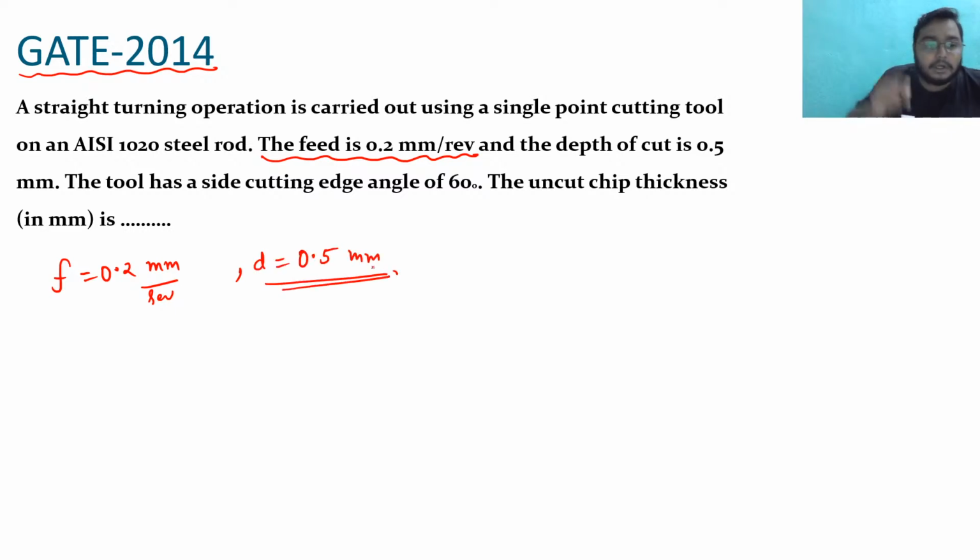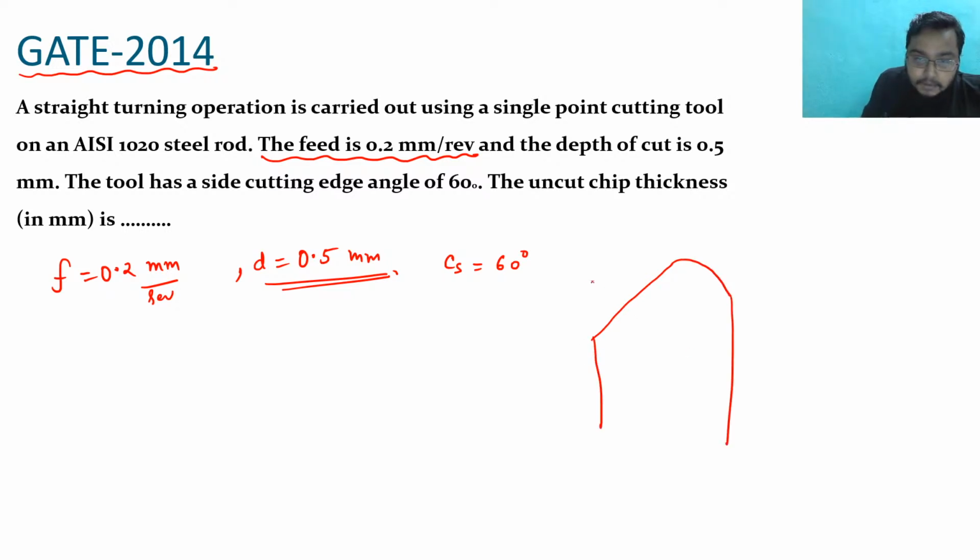Tool has a side cutting edge angle of 60 degree, that is Cs. So this angle is 60 degree, and this angle is lambda, which is 30 degree, right? Because this is the approach angle.